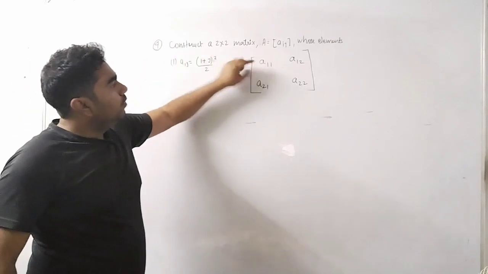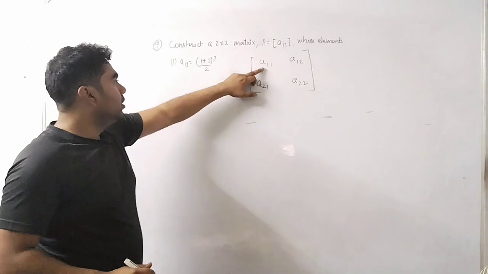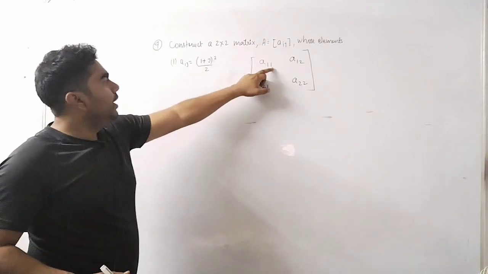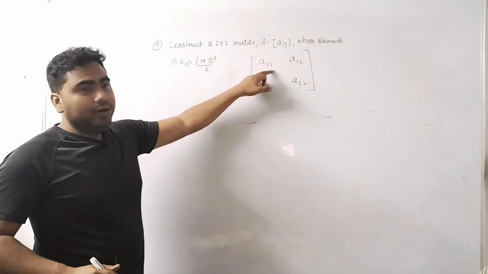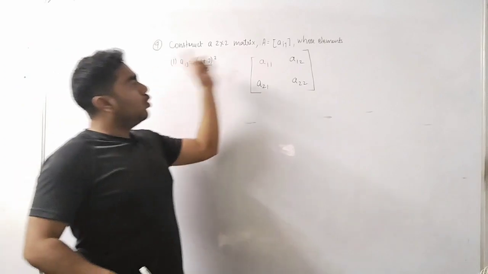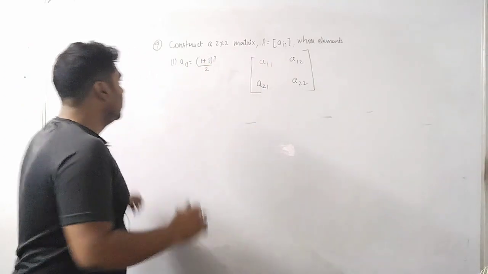Following the pattern of elements, we can simply put the values i equals 1, j equals 1 to get the element corresponding to A11. In a similar manner, we can also find A12, A21, A22. So let's start.